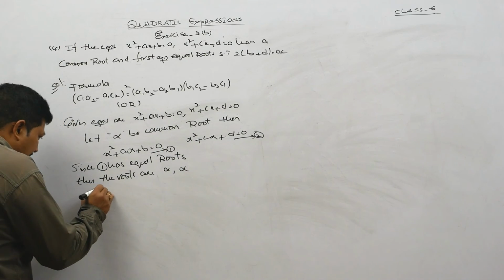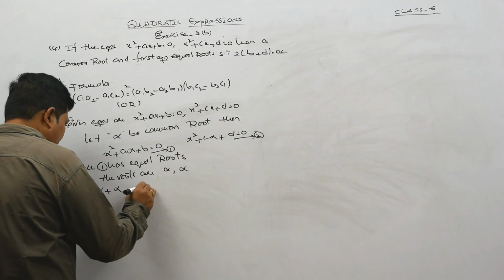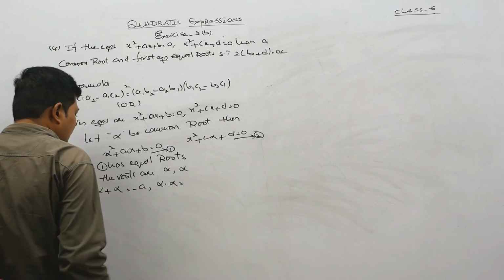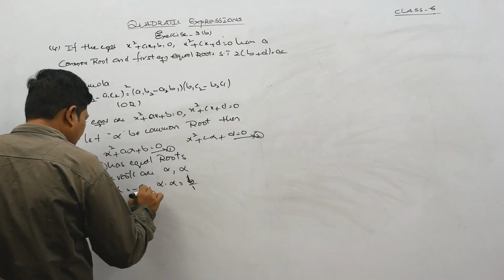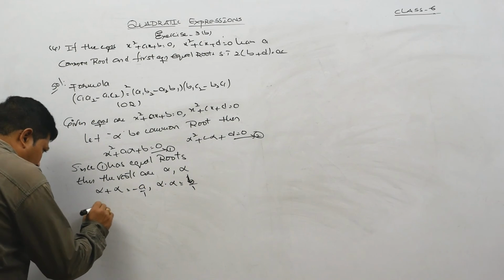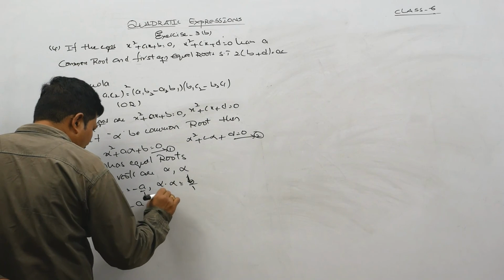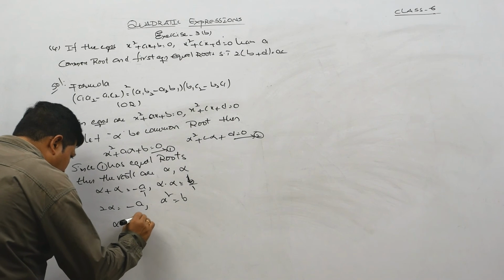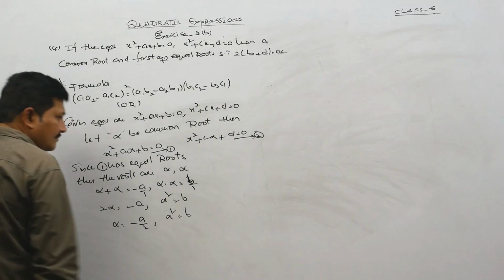Now write here sum of the roots, alpha plus alpha is equal to minus b by a, and product of the roots alpha into alpha is equal to c by a. So alpha plus alpha, 2 alpha is equal to minus a, alpha square is equal to b. Again alpha is equal to minus a by 2, and here alpha square is equal to b.